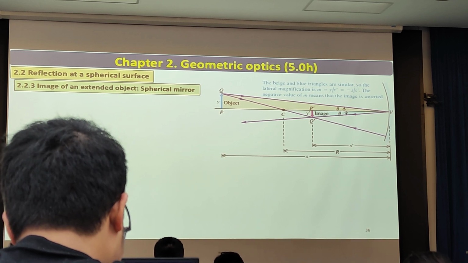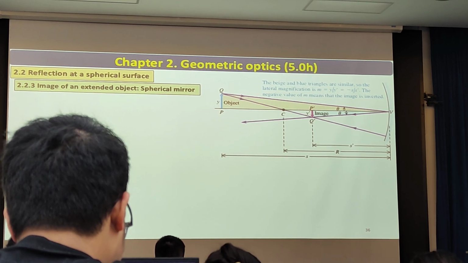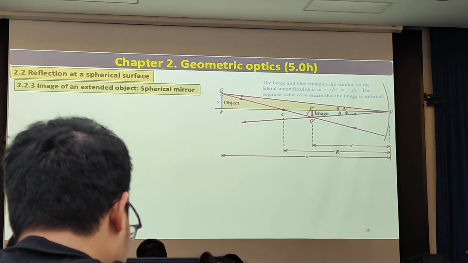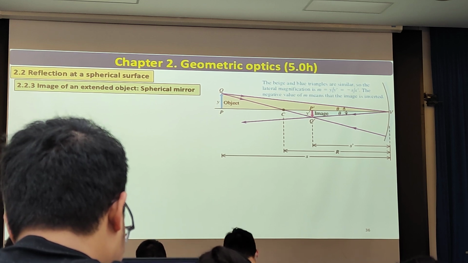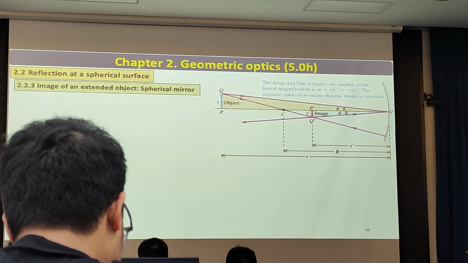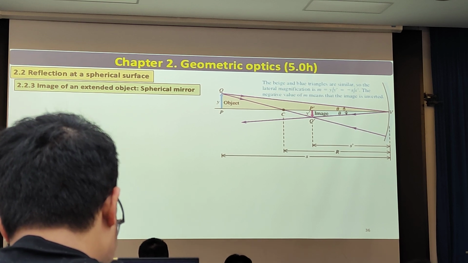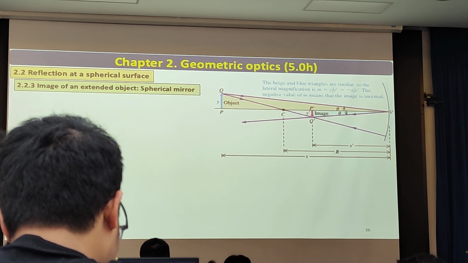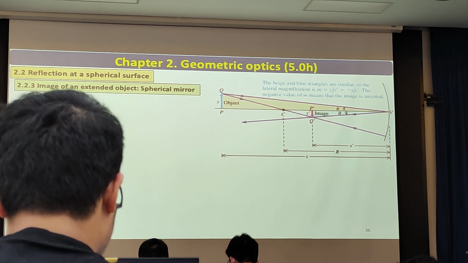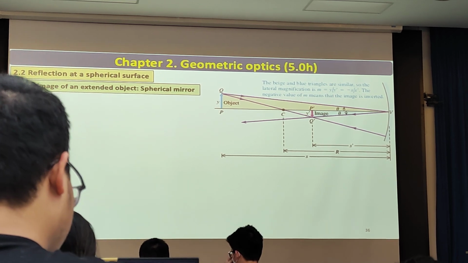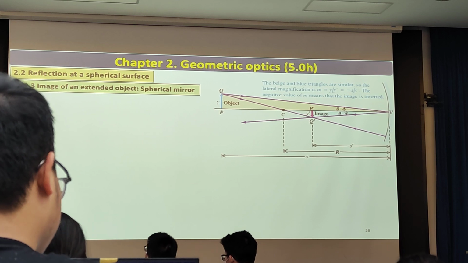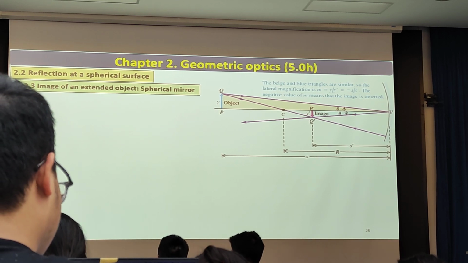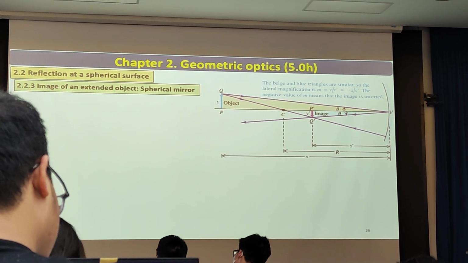The second ray he used, okay, I see what he drew. He drew the incoming ray parallel to the optic axis. So in that case, the reflecting ray passes by the focal point.